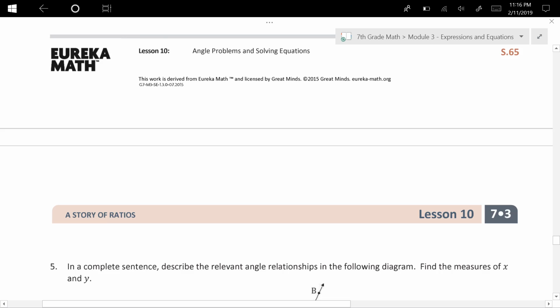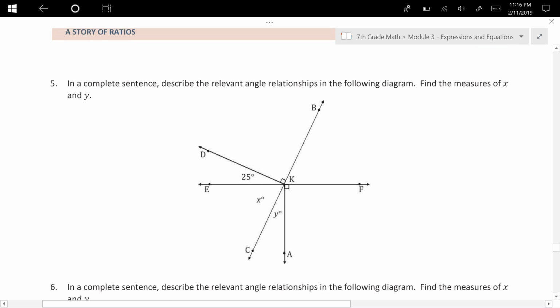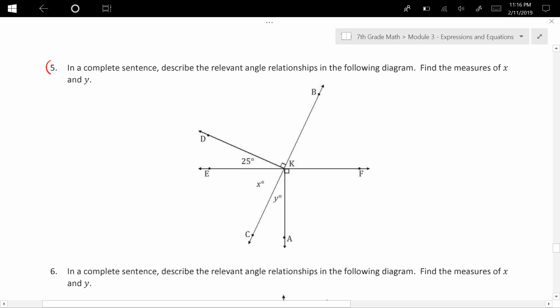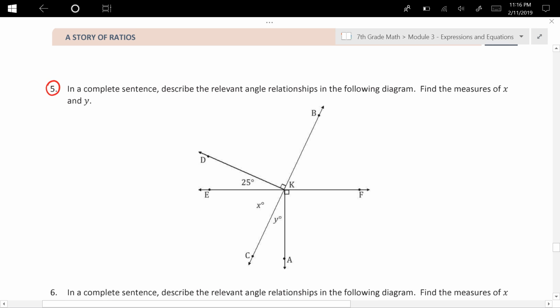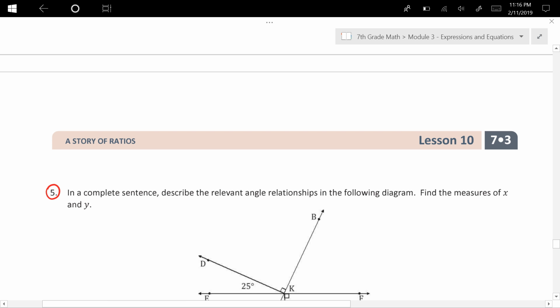Let's see what we got on the next page. And let's have you do 5. And I think that's good. We'll just stop right there. So do numbers 1 through 5.